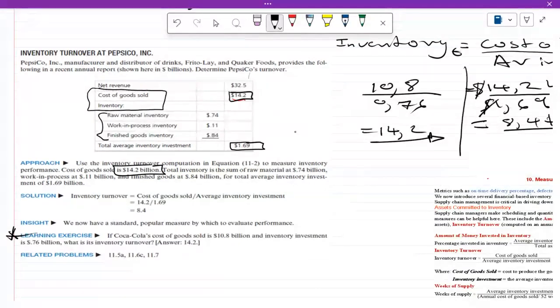Inventory is raw materials, work in progress inventory, and finished goods inventory. It's all about stock. You are keeping things for the time being.